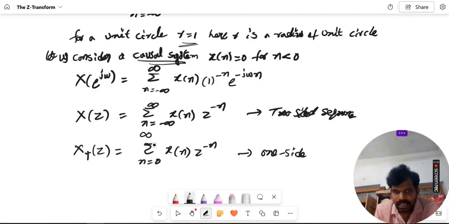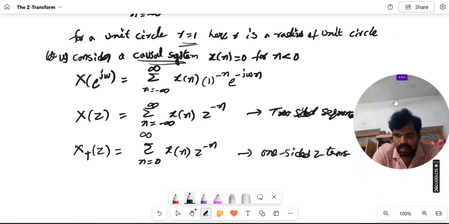The two-sided sequence z transform is also called the two-sided z transform.